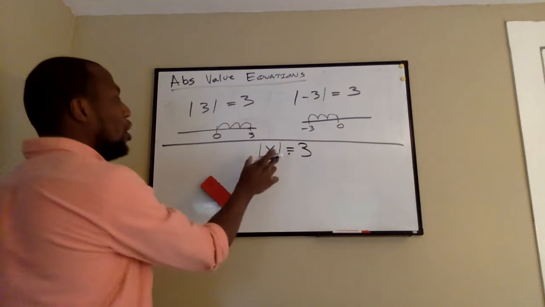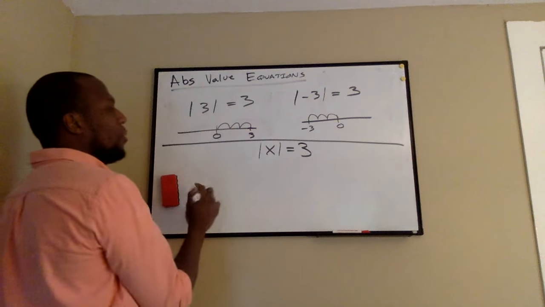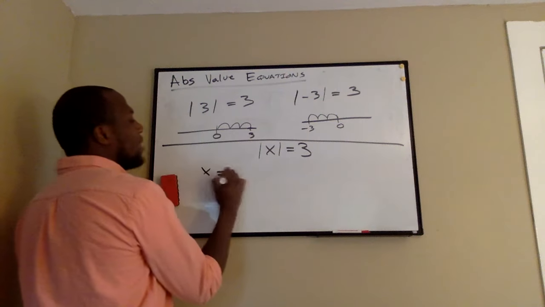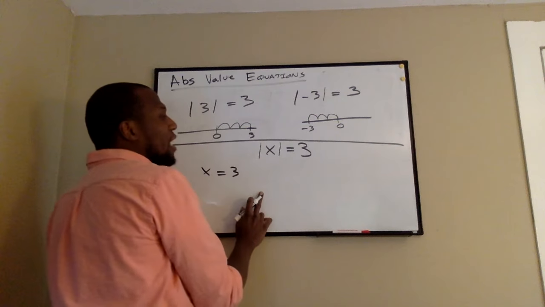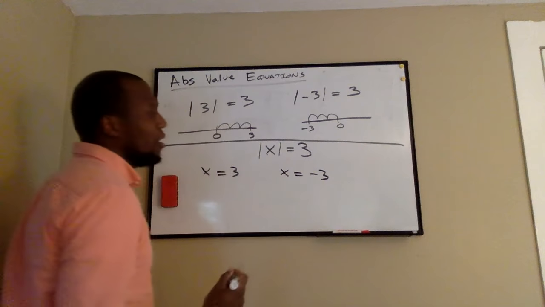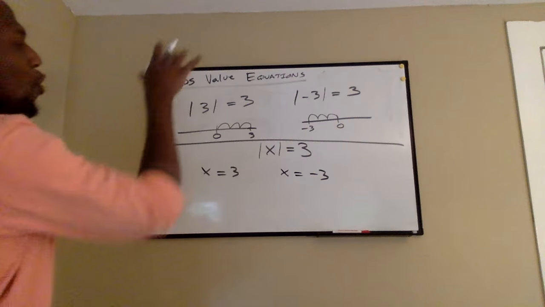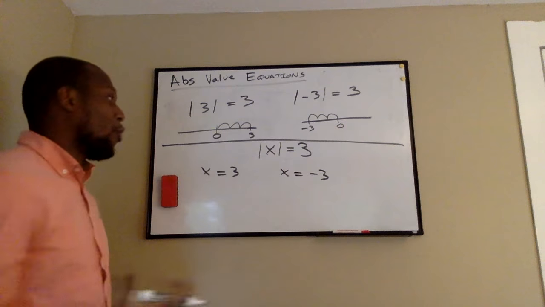We just saw that the absolute value of 3 is equal to 3, so we know that x could equal 3, and x could equal -3. That's our short way for us being able to set up for more difficult problems.